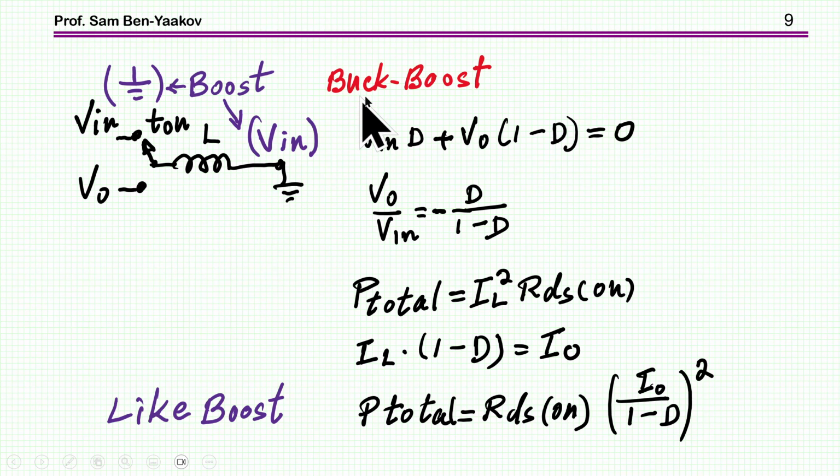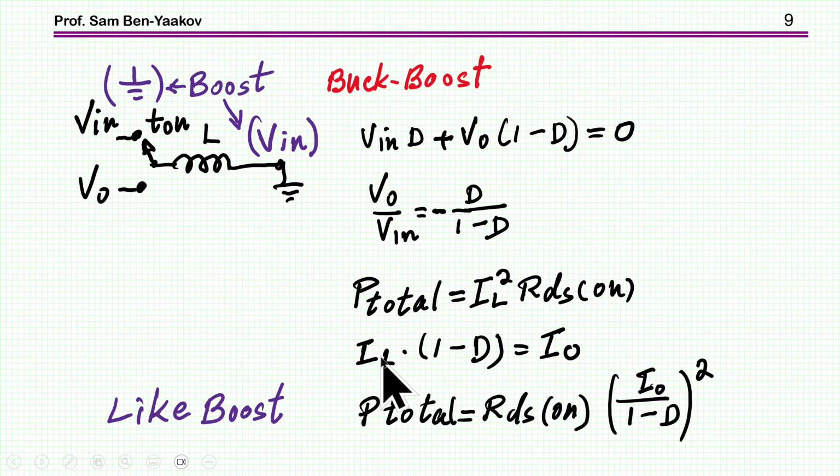The difference between the buck boost and the boost is this: here in the buck boost we have the input voltage, while in the boost we have ground, while in the case of the boost we have the input voltage and then we have the ground. In any case, the output is not the inductor current.